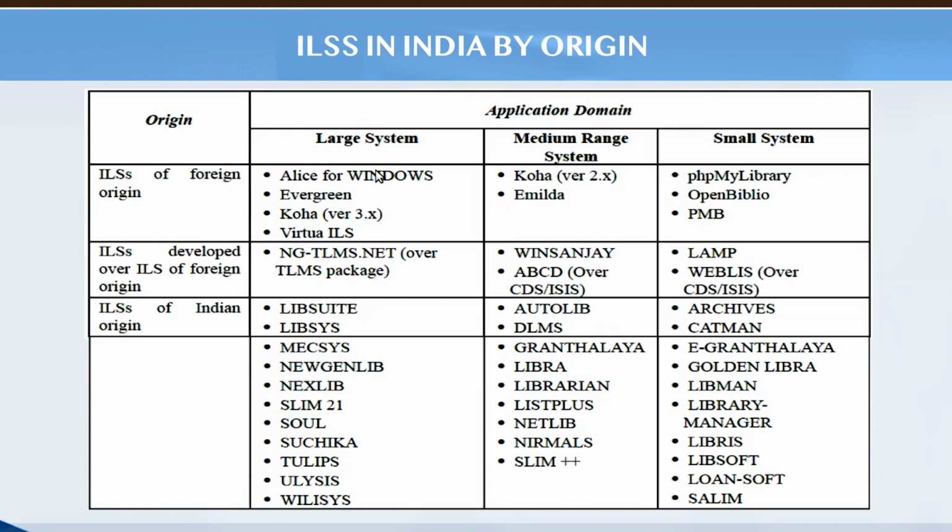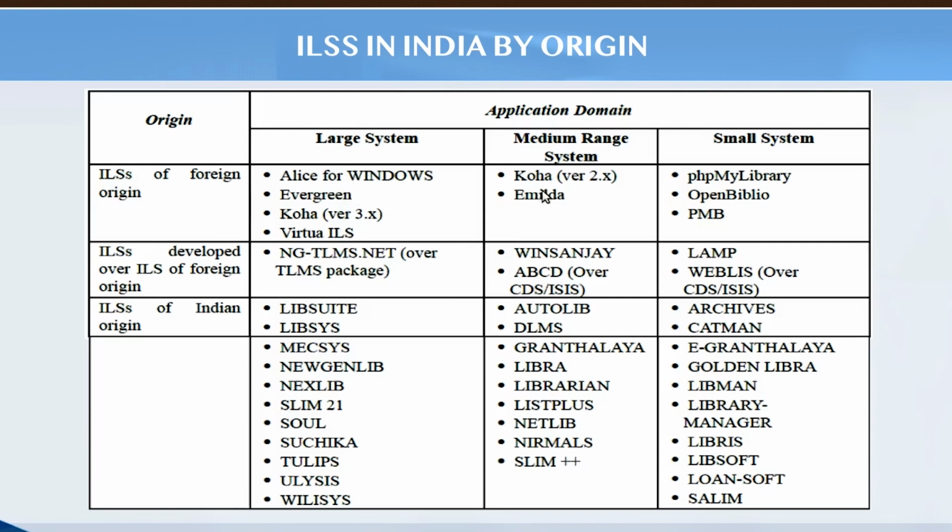Again, we can go by large scale library, medium range library system and small scale library system. In the large scale library system, the ILSs of foreign origin we are utilizing in different libraries of India are Alice for Windows, originated from Australia, Evergreen, open source, originated in the US, Koha, again an international initiative, and VirtualILS. VirtualILS is commercial software. So the first and the last one are commercial software, and Evergreen and Koha are open source software. These are all meant for large scale systems.